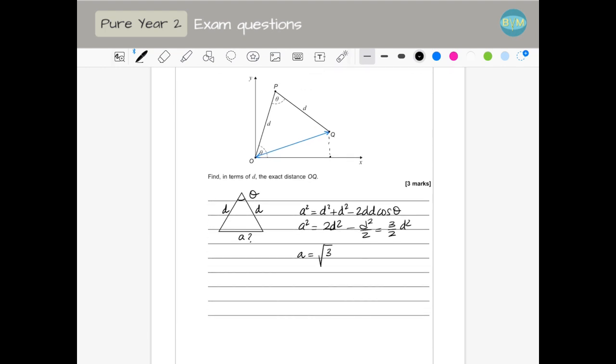So it's the square root of 3/2 d, because root of d squared is d, or I can rationalize, and if I multiply both numerator and denominator by √2 to get rid of the root in the denominator, I will have √3 multiplied by √2, so just multiplying by √2. I have that a is √6 divided by 2 times d. And that's the value. This is OQ, the distance OQ. And that's all with this question.